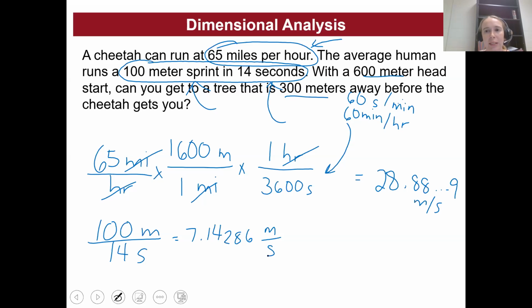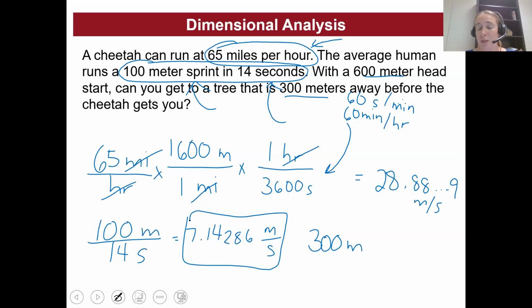So we have a 600-meter head start. We're going to a tree that is 300 meters away. Let's see how long it takes us to get to that tree. So 300 meters. We want meters to cancel out, and we want to end up with seconds. We want a time. We want to see how long it takes us to get to the tree. This is our rate of speed, this is how fast we run.